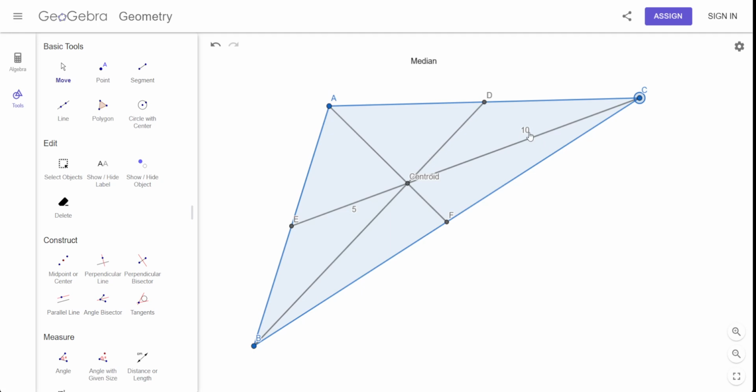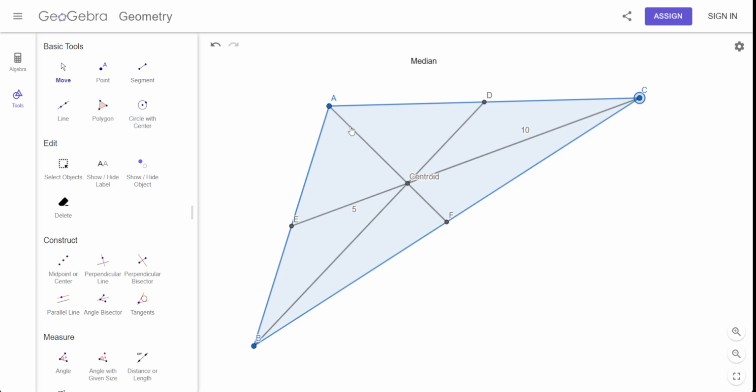Because 10 over 15 is 2/3. So the 10 is 2/3, the 5 is 1/3 of the whole thing. But you could also look at it as the 10 is twice as big as the shorter one, and the shorter one is half of the longer one. So that's what's special about that.